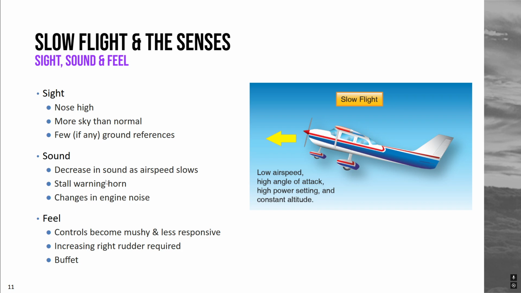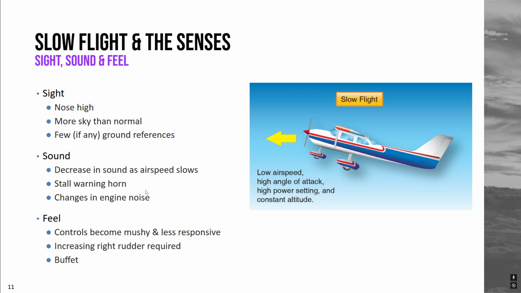Sound: decreased sound, as there's less airspeed flowing around the aircraft. We might even hear the stall warning horn, so just be aware of that. If we hear that horn, knowing what that is, and if our airspeed's getting too low and we're about to stall, make that change: lower the nose and add some power.